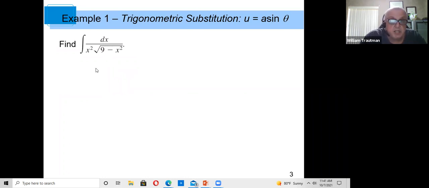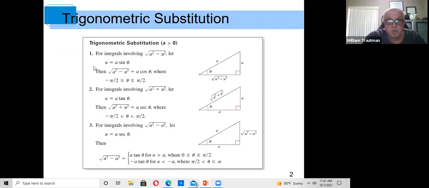And so we have a squared minus x squared. If I come back, we want to look at u equals this, and the square root of a squared minus u squared equals this. So we want to look at those, and we said u equals x.